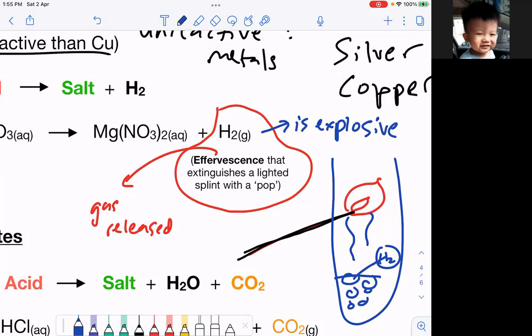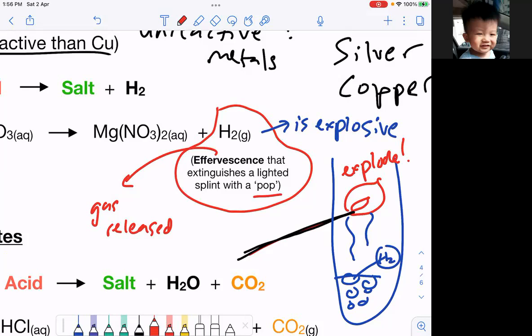Explosion. Flammable gas touching a fire will explode. The fire will explode. Pop. Then the sound is gone, but you'll hear a pop. The pop is due to the explosion. So hydrogen gas is explosive.